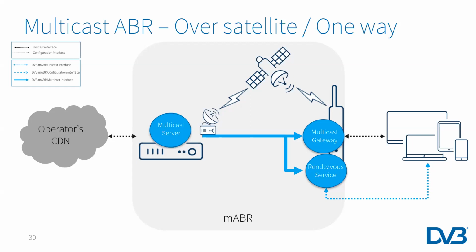The rendezvous service is configured through the multicast interface, like I showed you previously. It works the same for the terminal, right? It's completely transparent for it. But the multicast gateway cannot rely on unicast assistance. It cannot repair or solve a cache miss, for example. Just to let you know that this kind of deployment exists already on the market. It is the one-way deployment, but also the deployment with satellite operating a unicast and a feedback channel. Both are deployed today.